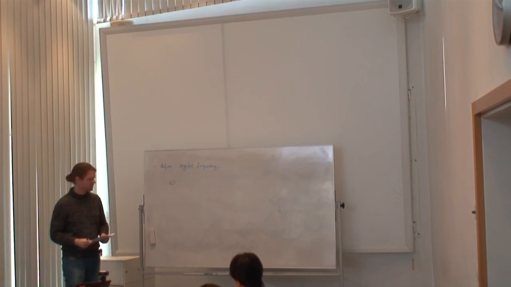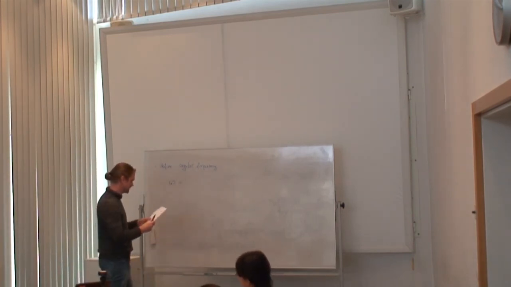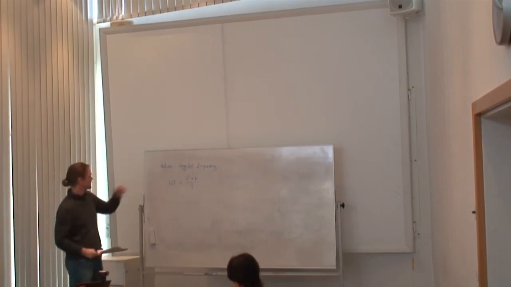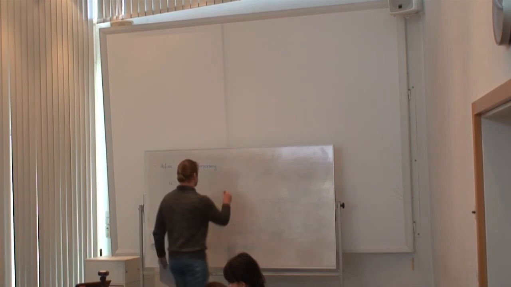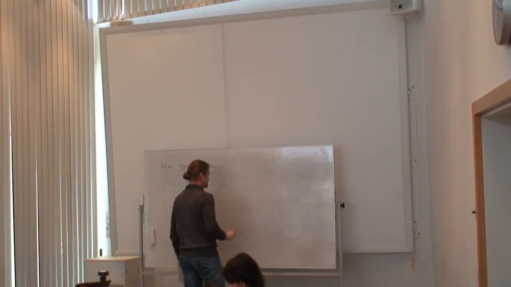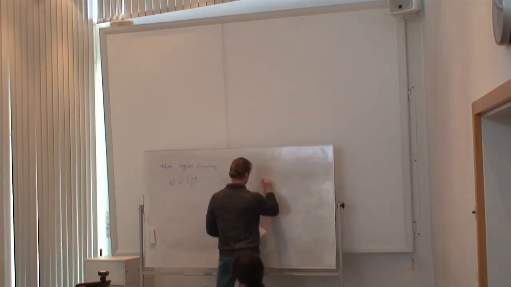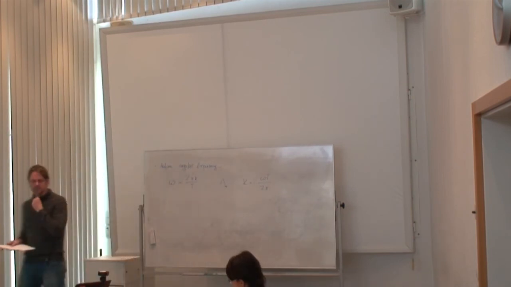We have seen this guy before, and we use it to abbreviate this. So omega is from now on 2 pi times k over capital T. This is to say that k is omega times capital T over 2 pi, algebra. And now some calculus.